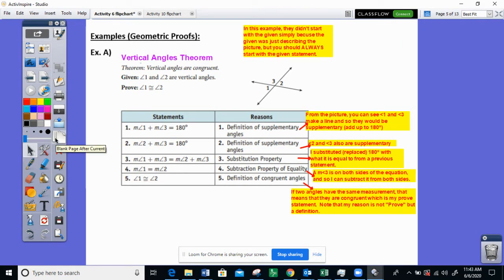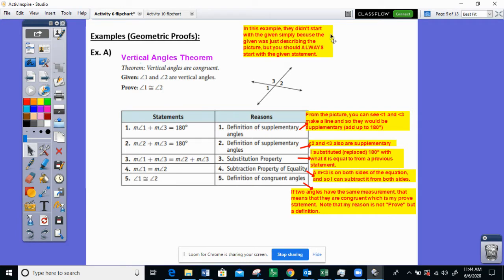And so let's look at the given information. Every proof starts with a given statement, and then it has a statement that you're trying to prove. And we said in the last activity, a good starting point, if you don't have a picture, is draw out a picture and label it as you go along.